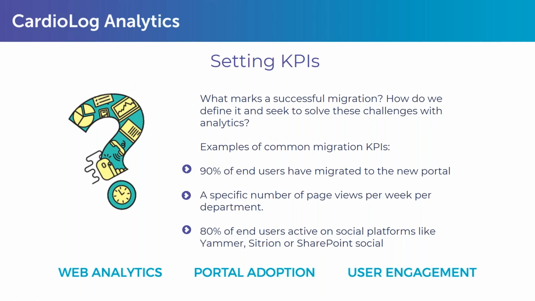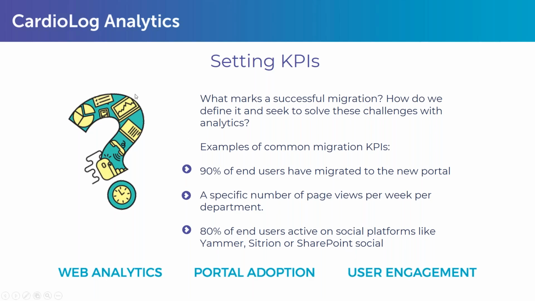Organizations may also have difficulty determining what is a successful migration. What are the right measurements that organizations should use? Determining the success of a migration is based upon the KPIs an organization sets when they begin the migration process. All of these metrics should be included in the success of an overall migration.